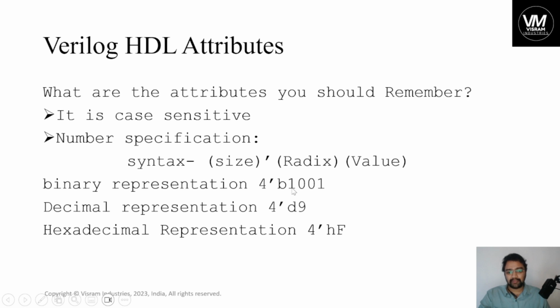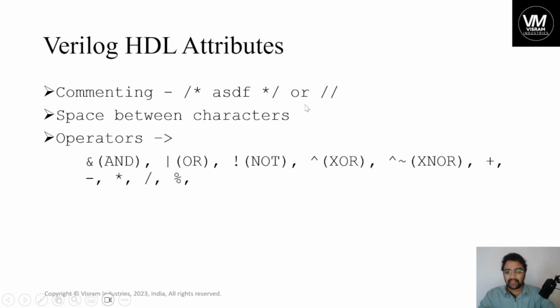That value could be 1001, or 9, and f is 15. 9 in decimal is 9, and 9 can be written in binary as 1001. So in this way you need to specify numbers, and in this lecture we will be seeing other attributes as well. So let us go to the next thing.